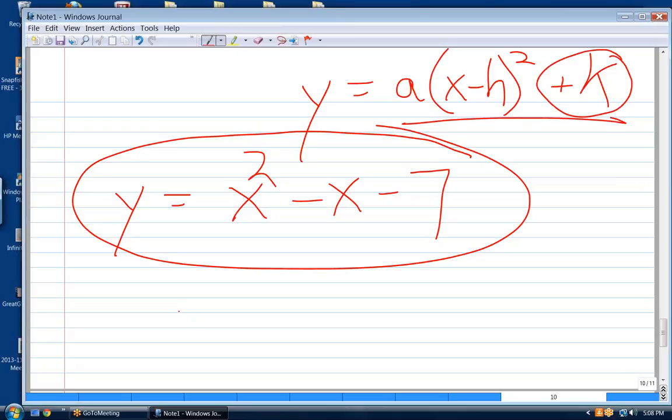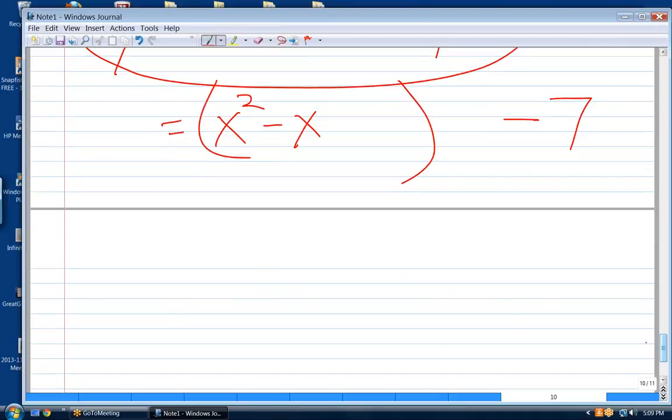So all I'm going to do here is I'm going to separate the x squared and the x. I'm going to move the 7 out here, and I'm going to complete the square inside those parentheses. And I'm going to end up with vertex format instead of solving it. So what goes in the parentheses? X squared.